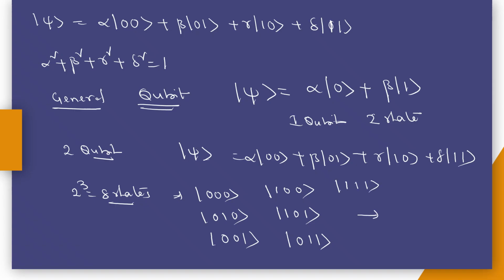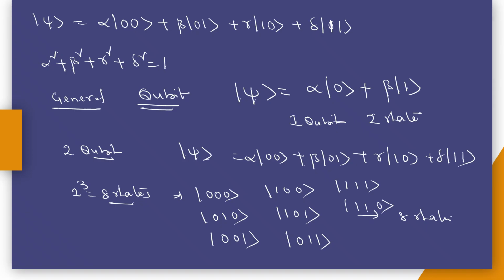Similarly, we have 8 states: 100, 101, 011, 000, 010, 001, 111. Similarly, we can write 8 different possibilities of the particular states. Here also one more case, 110. So the total number of states is 8.